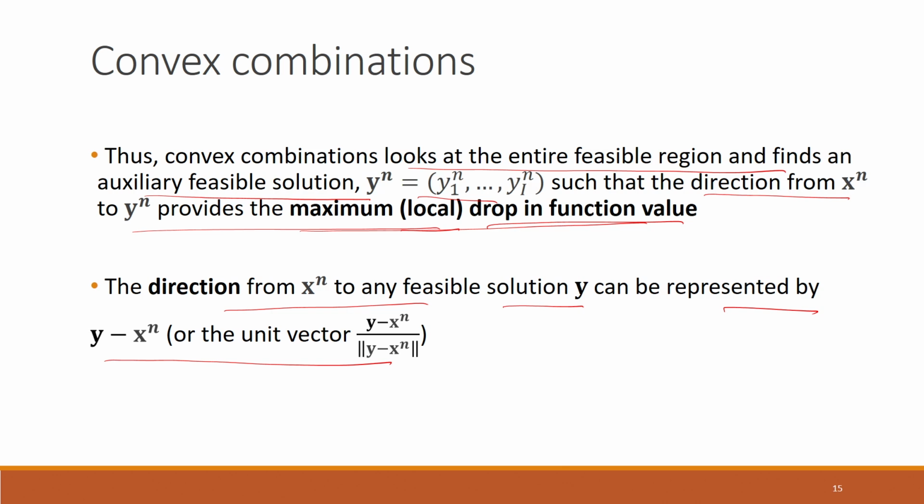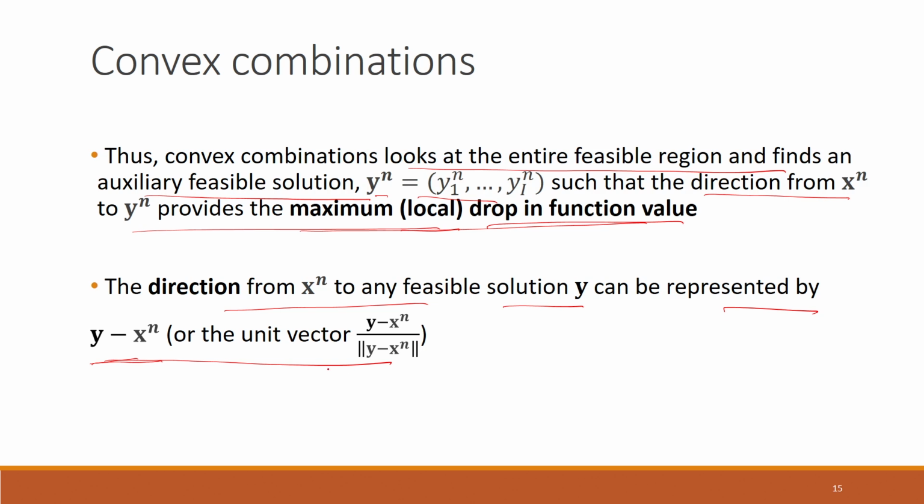This new point y, or yn, whichever one we want to use, minus xn will provide you that direction. So we are first trying to determine this direction dn, and later we will come to alpha n. This direction is represented by y minus xn.